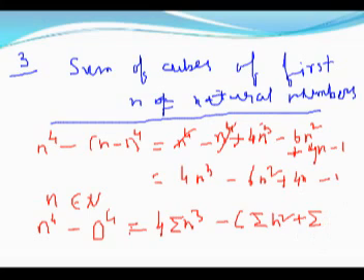This will be 4 summation n, and at last we add 1 up to n times: 1 plus 1 plus 1, it will give us n.